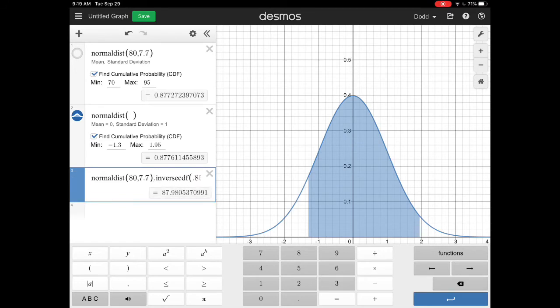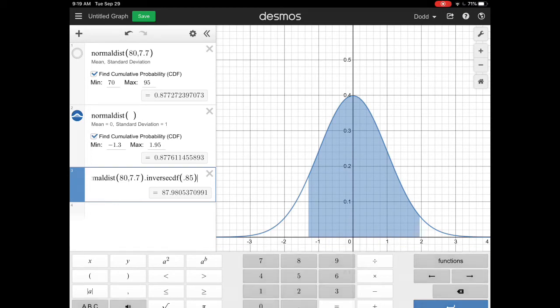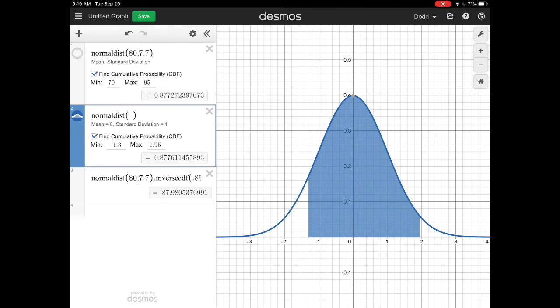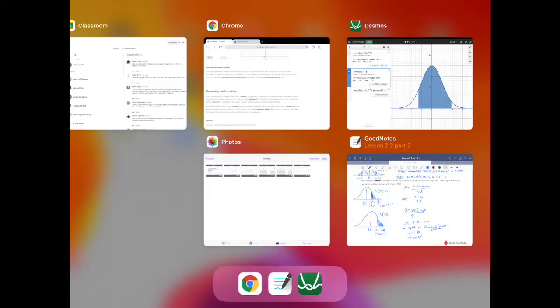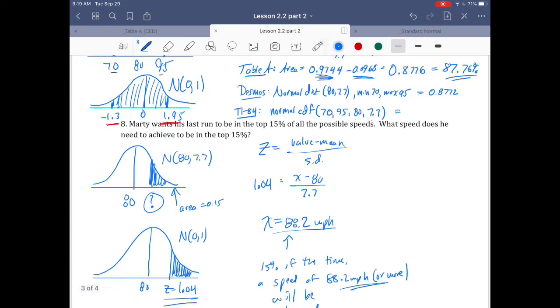So you'll do inverse CDF and put the area to the left that you want, and it'll calculate the x value that gets you that percentage. So that's how you do it on Desmos.